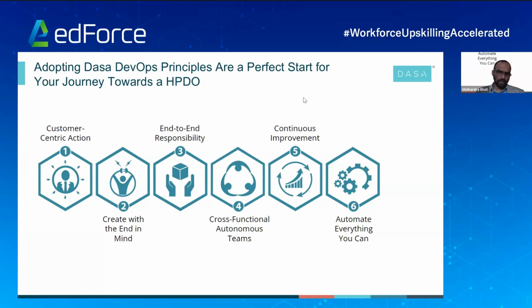Continuous improvement. Everywhere we are talking about continuously improving with the help of creative minds and creative ideas. And last, not the least, is to automate everything if you can. As much as possible, automation is important. If you do it one time, it's okay, manual. If you do it a second time, it's still okay. If you do it again and again, third time onwards, it is not acceptable.